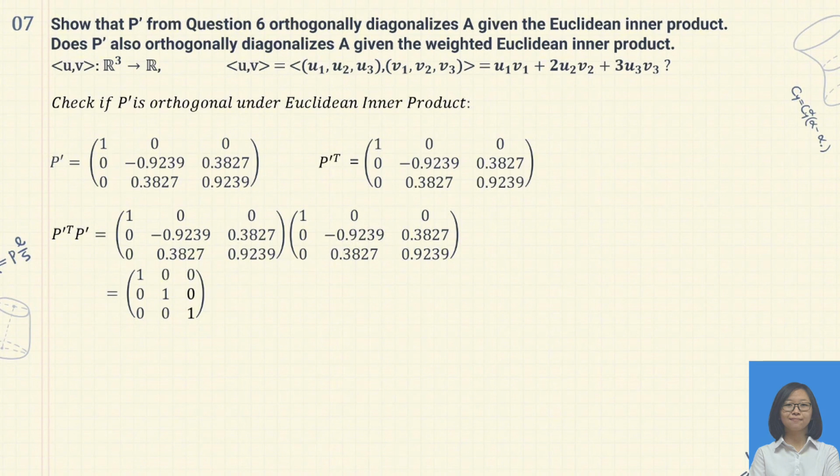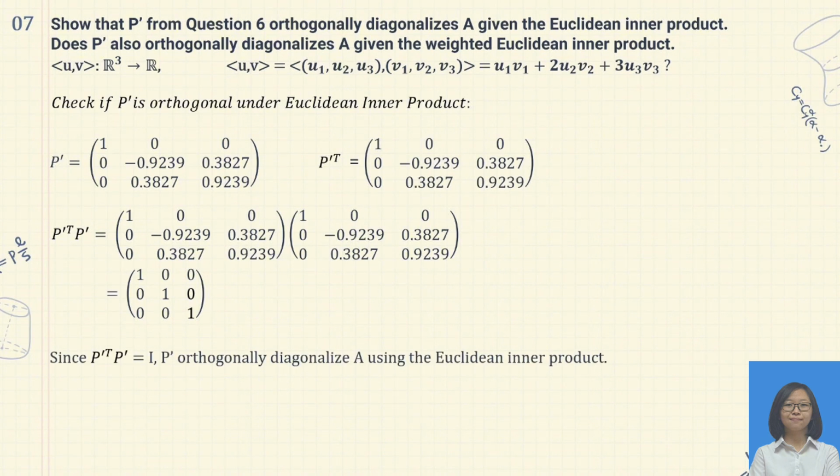From it, we get the final value, which is the identity matrix. Since the multiplication of P prime transpose and P prime is equal to the identity matrix, it has been shown that P prime orthogonally diagonalizes A using the Euclidean inner product.